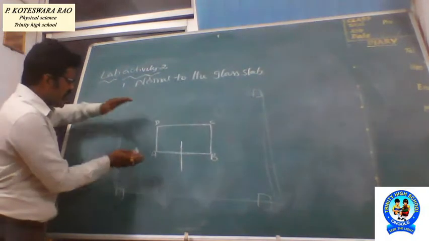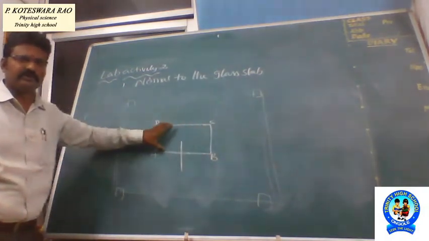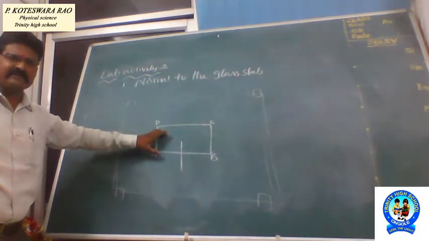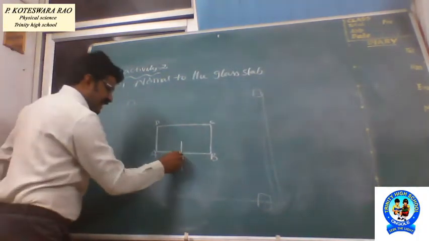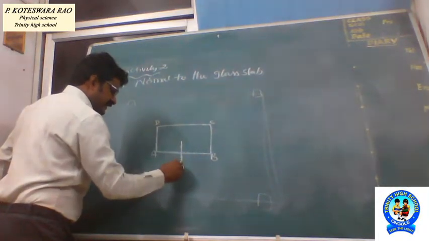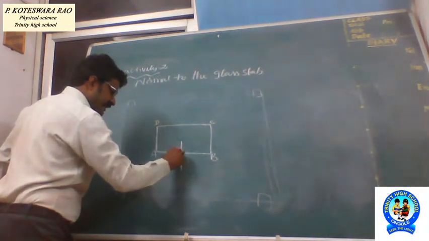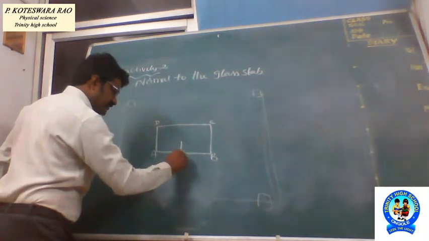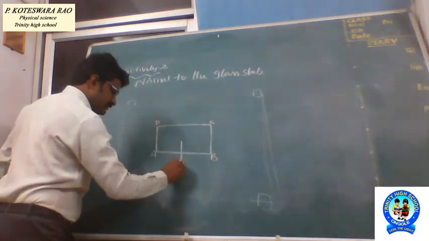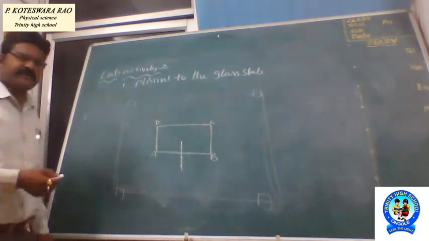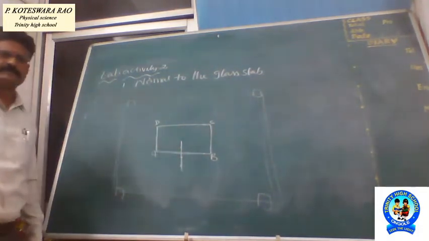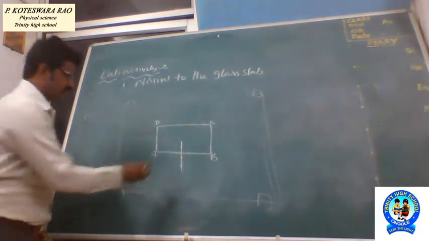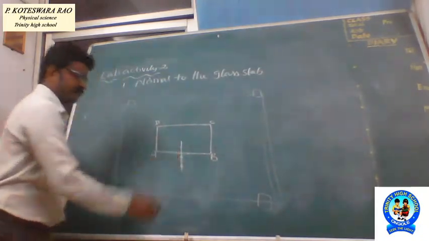Now once again we place the glass slab here. Then take two pins and fix them on the vertical line before this glass slab. Here fix two pins. This is the first pin, this is the second pin.